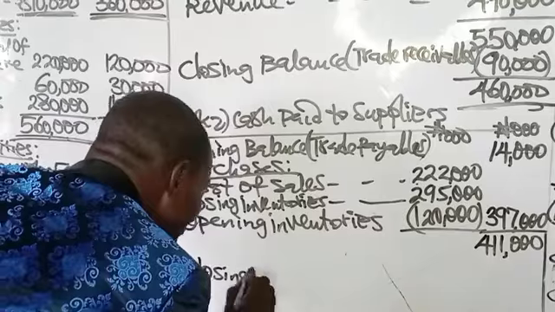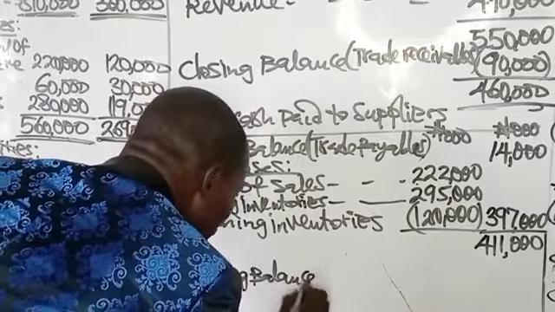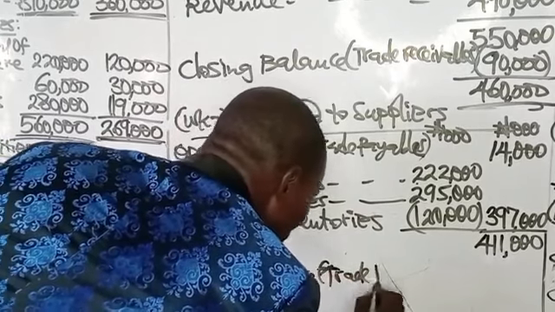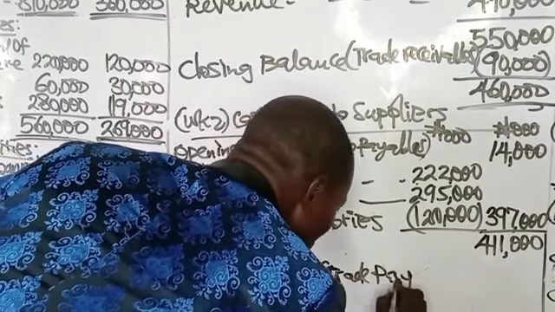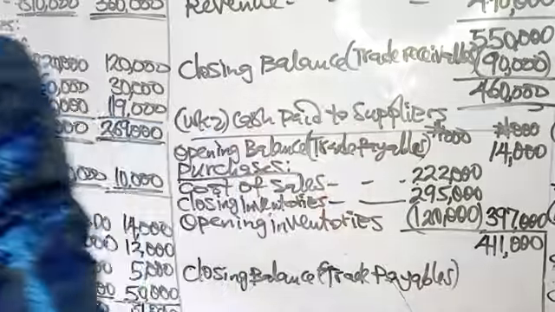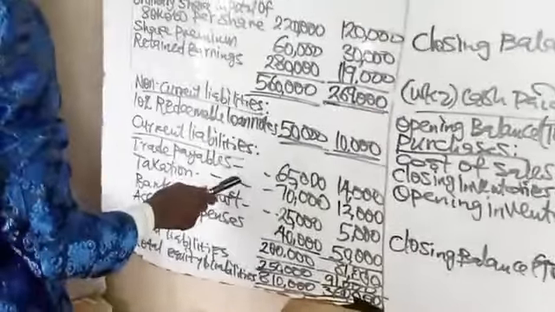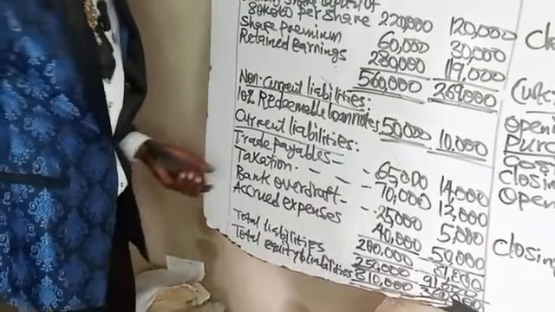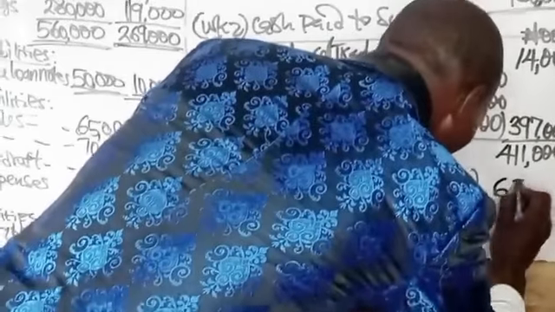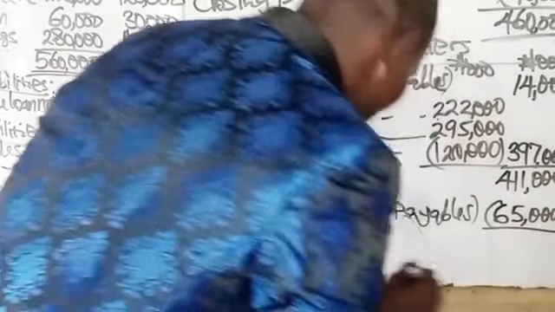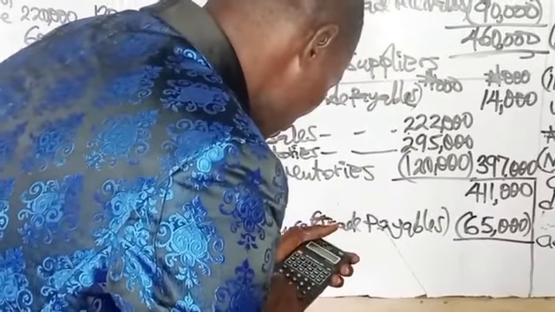Then we now have the closing balance in respect of trade payables. How much is the closing balance? Current liability. The closing balance amounted to 65,000. So you subtract 65,000 from 411,000.